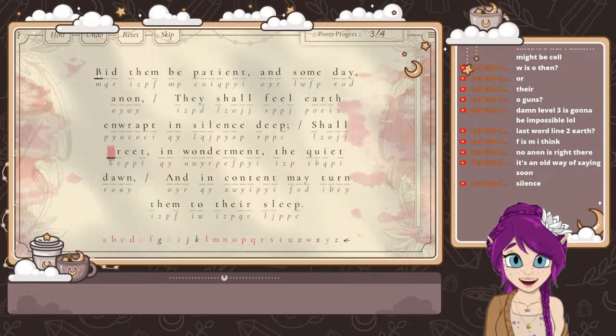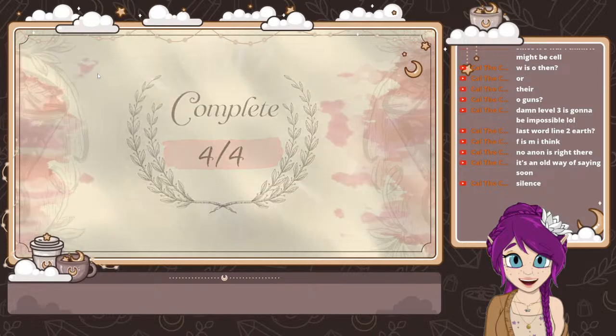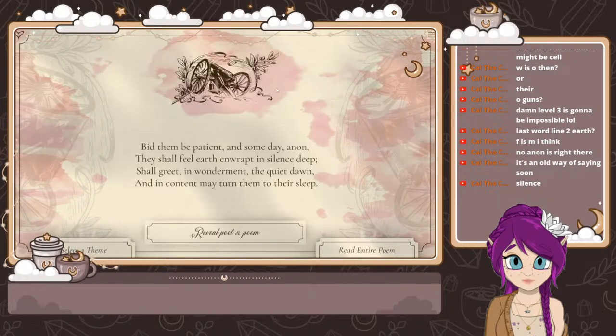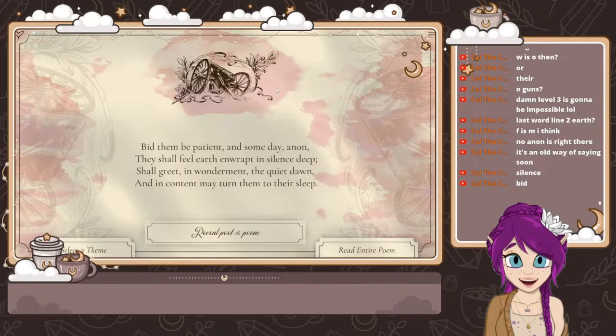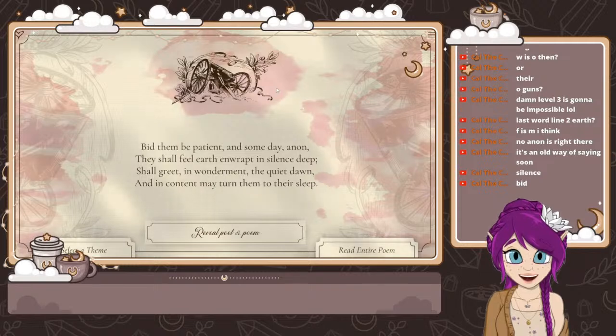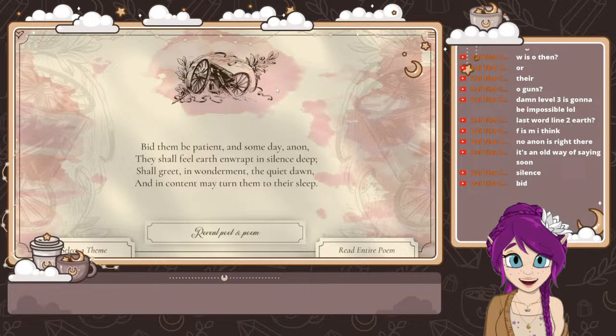Enwrapped in silence deep, shall greet in wonderment the quiet. Oh, there you go. Bid them be patient, and someday anon they shall feel earth wrapped in silence deep, shall greet in wonderment the quiet dawn, and in content may turn them to their sleep.